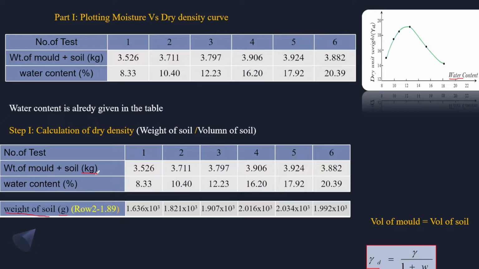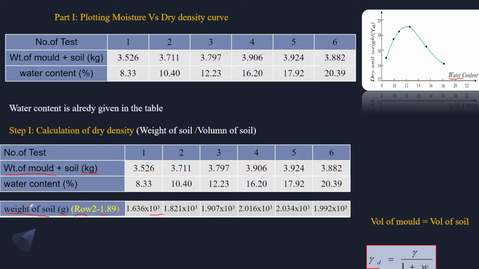First, we subtract 1.89 from row 2, the weight of the mold plus soil. Why 1.89? This is the weight of the mold, so the only thing remaining is soil. I'm multiplying this by 10 to the power 3, or 1000, to convert it into grams.